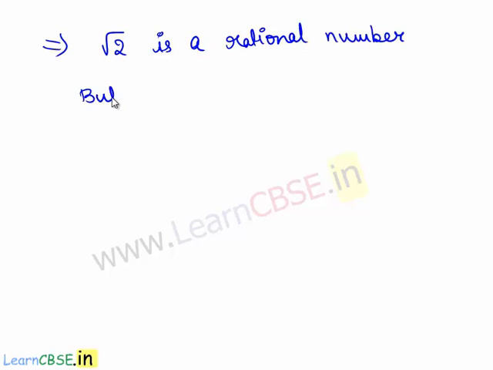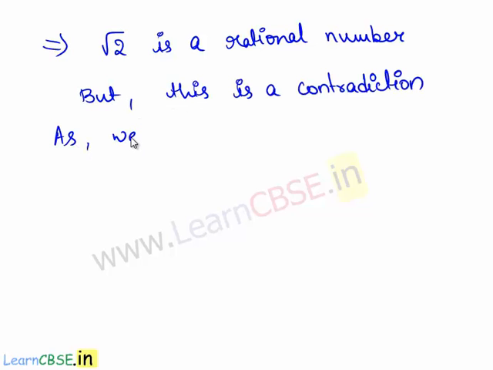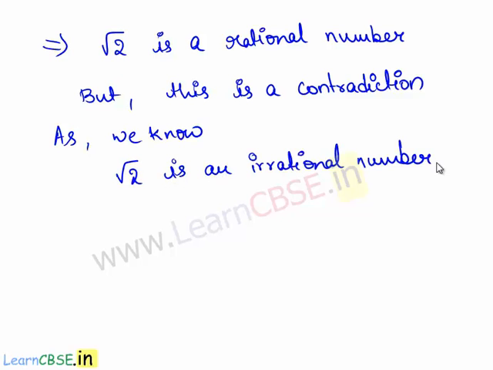But this is a contradiction, as we already know root 2 is an irrational number. The contradiction is obtained due to our wrong assumption that 6 plus root 2 is a rational number. Therefore, 6 plus root 2 is an irrational number.